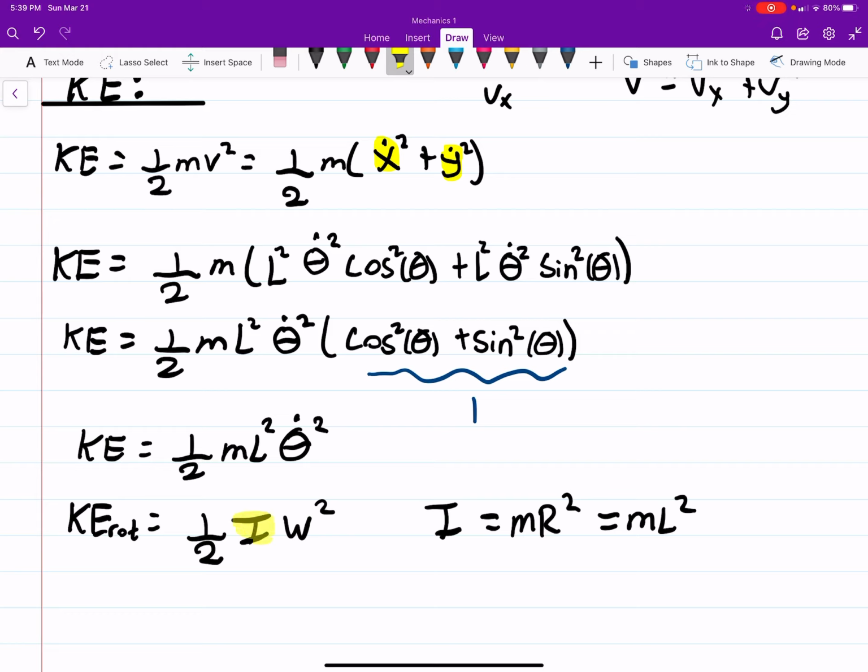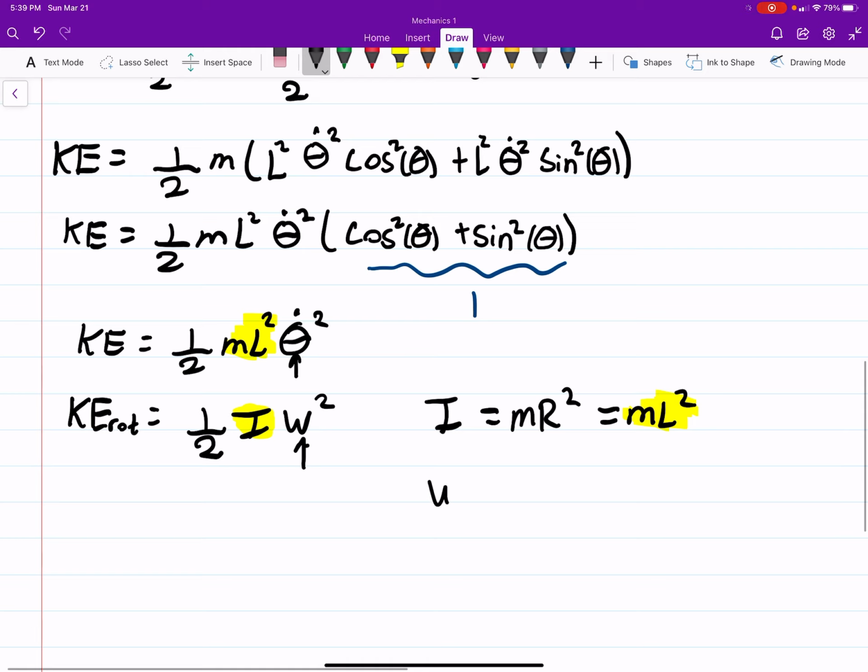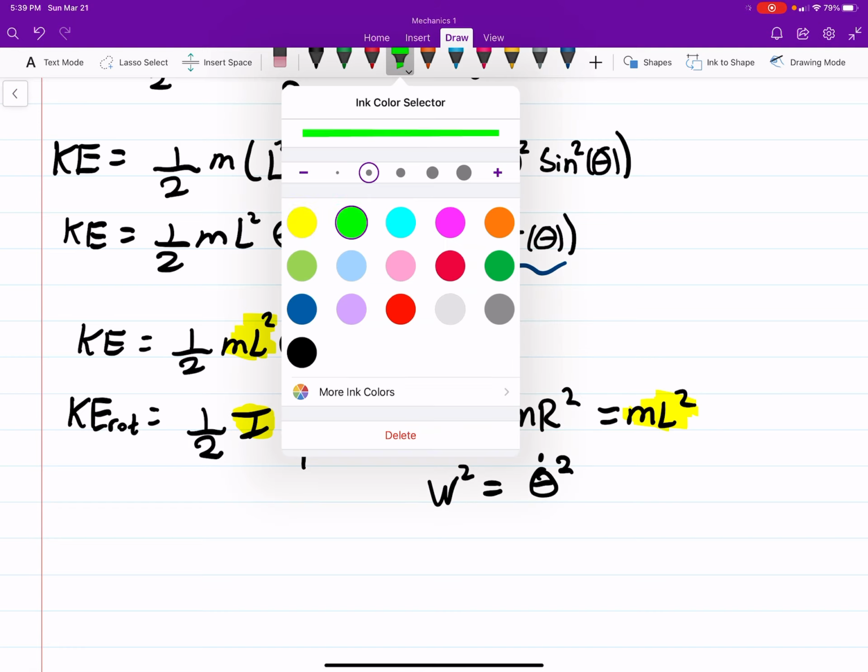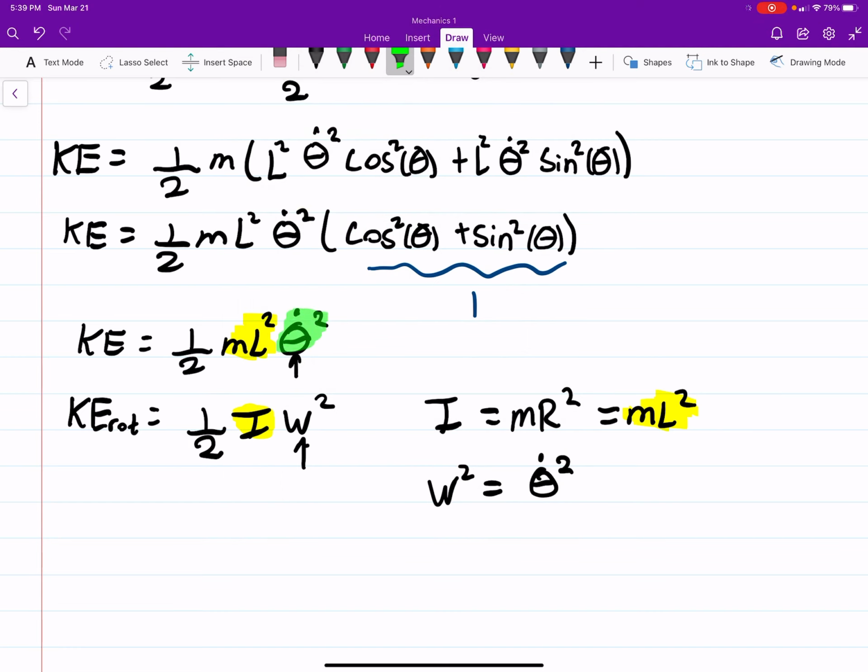So this I is equal to m L squared, so that's this part. And then just remember, theta is your position, so the derivative of your position is your angular velocity. So angular velocity squared is equal to theta dot squared. Those are the exact same things, okay? Because theta is just a position.